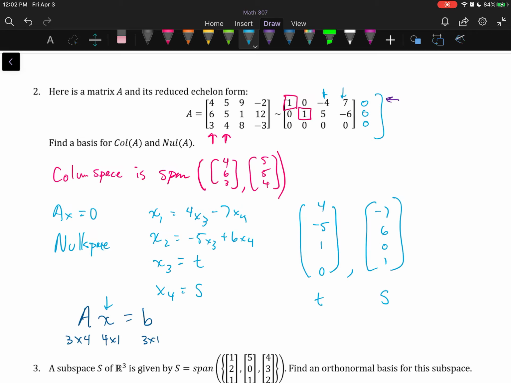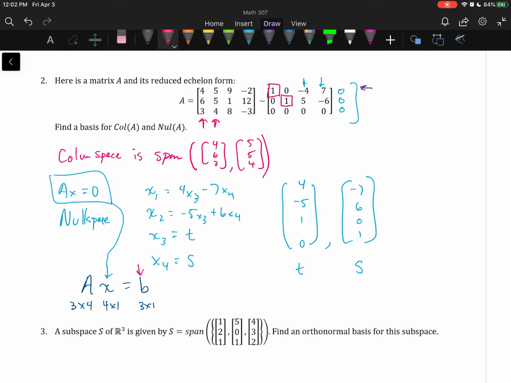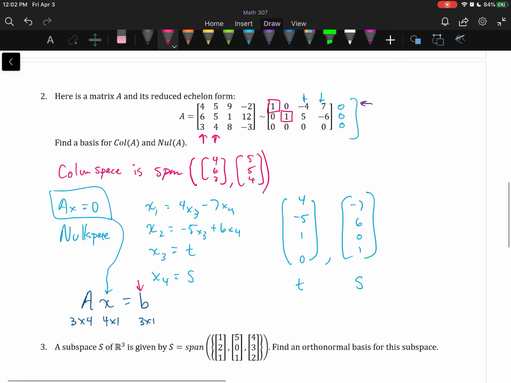It's all of the vectors that get squashed onto the 0 vector, just like in this equation. And the column space are all of these vectors b that we're able to reach. We're able to reach basically a plane in that 3-dimensional space that's spanned by the 2 vectors that we found. So 2-dimensional in each case, but one lives in R3 and the other lives in R4.